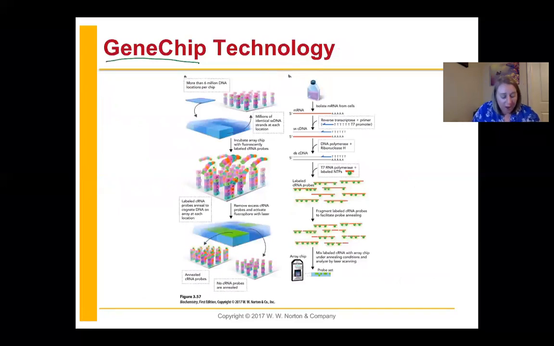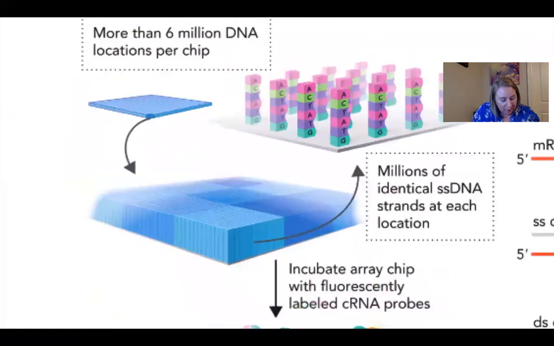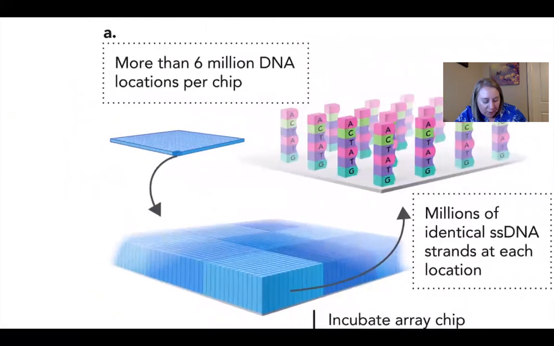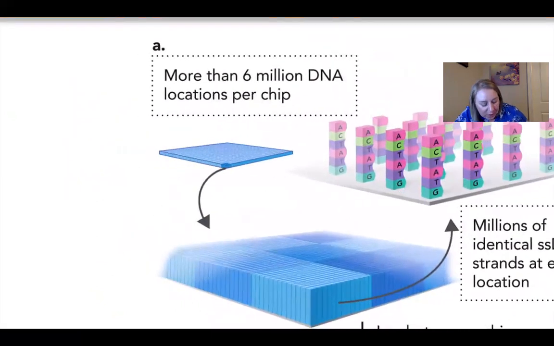What you have is this little bitty chip. You take DNA sequences and you put 6 million DNA locations per chip. Now be careful with that. A DNA location is like one gene.